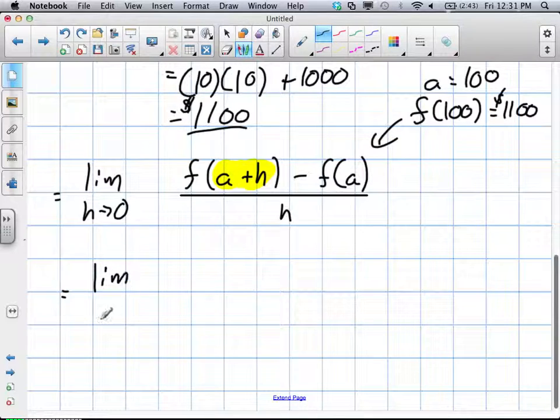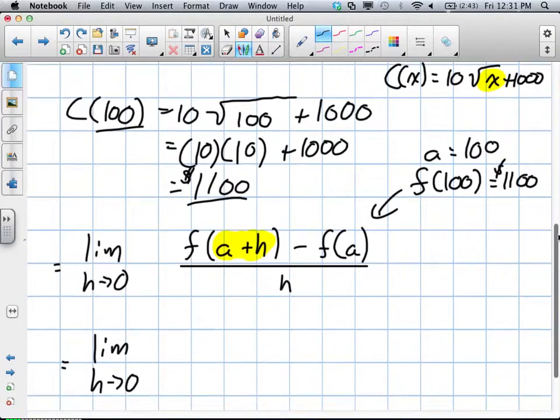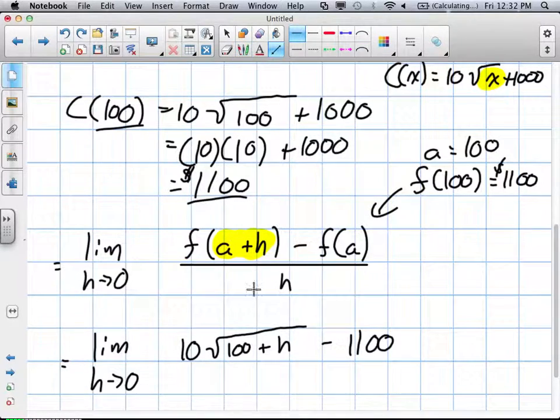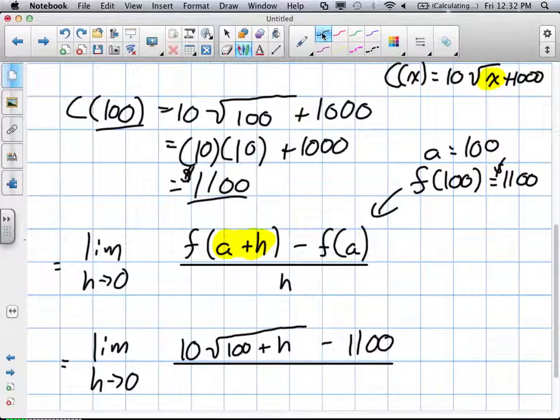So the limit as h approaches 0 is our formula. I've got to go back up again here. There it is, which is 10 root 100 plus h minus 1,100, divided by h.